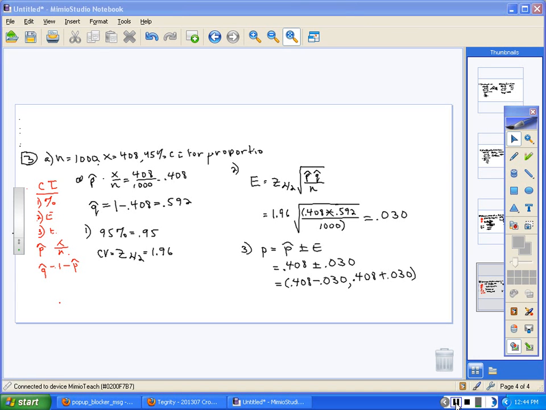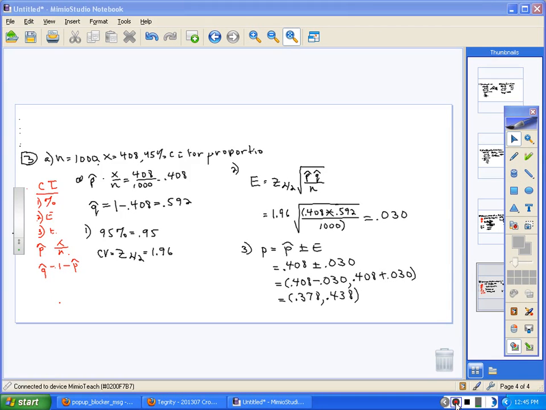And when we subtract, we get 0.378. And then when we add, we get 0.438. And again, you don't have to show me that in between step. You just have to have the right numbers there. Okay, let's go on to part B.